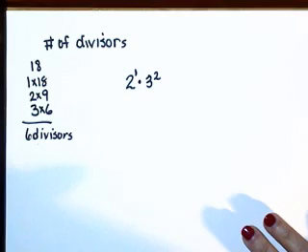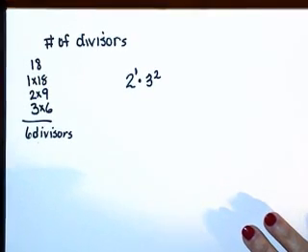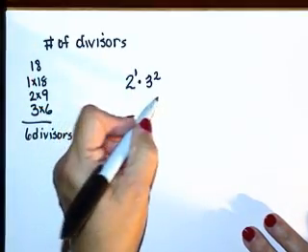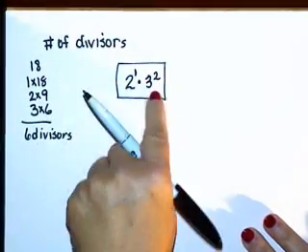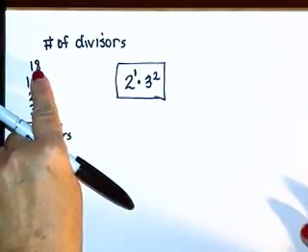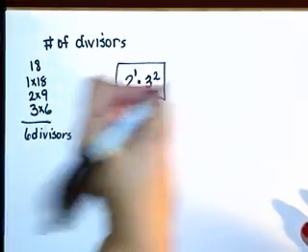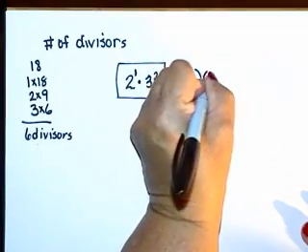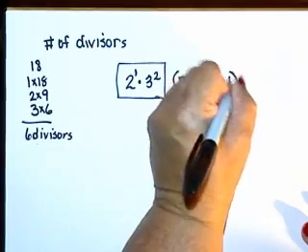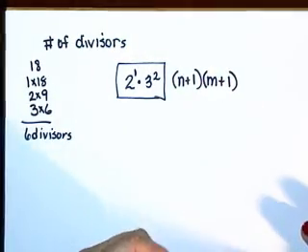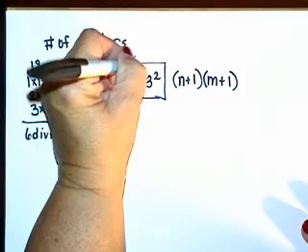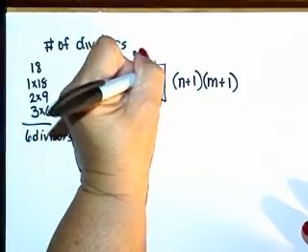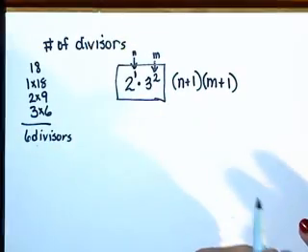So there's a theorem that says that the number of divisors of this number right here, which is another way of saying 18, is equal to n plus 1 times m plus 1, where n is equal to one exponent and m is equal to the other.